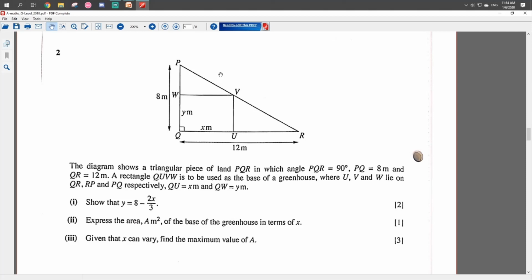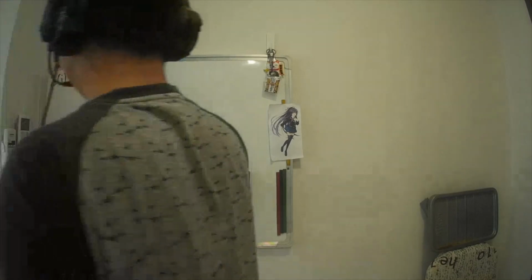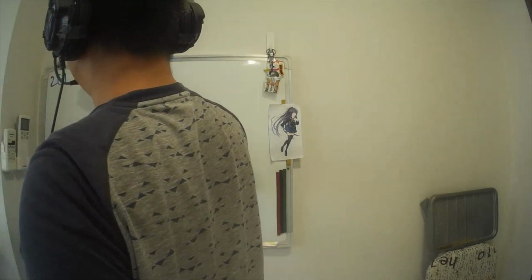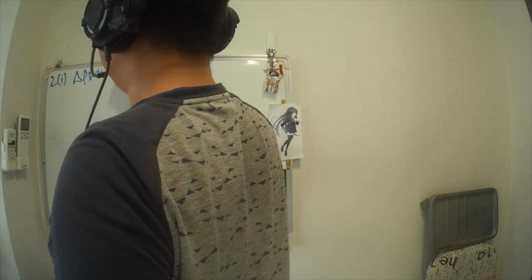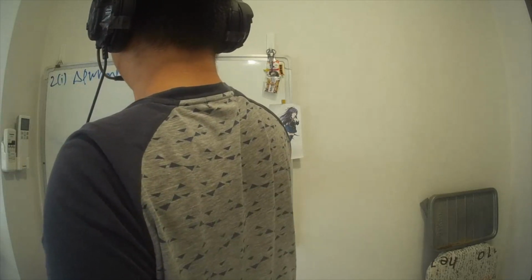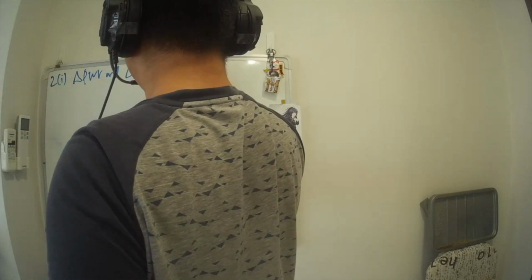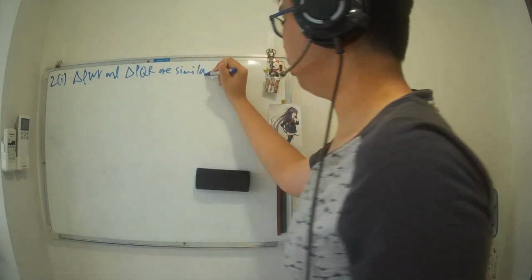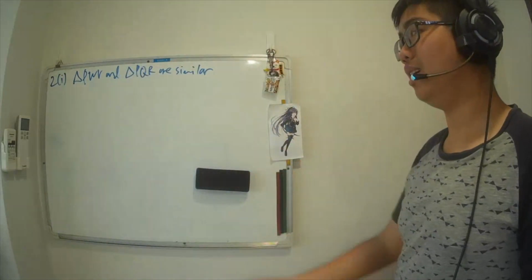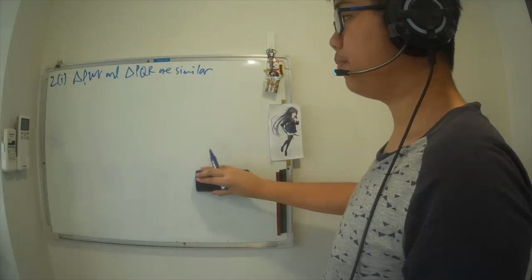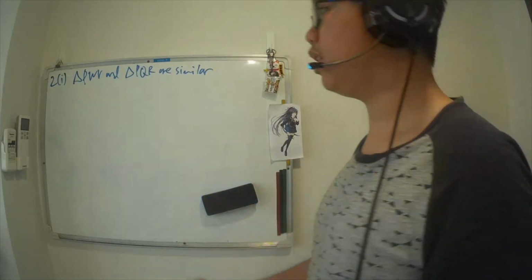Okay? So we're going to consider similar triangles PWV and PQR, okay? Alright, I think you would have been able to see that the two triangles are similar, right? So then we can do this.